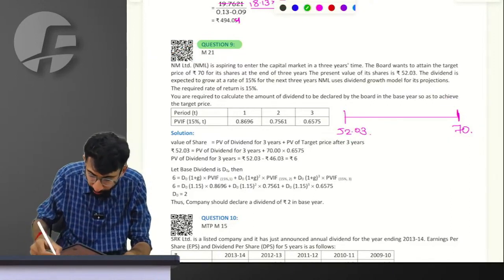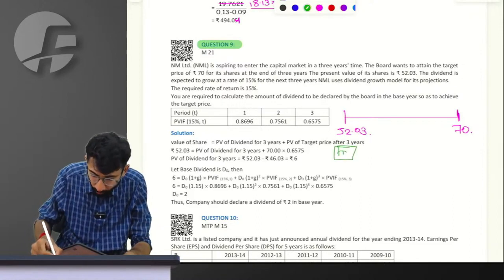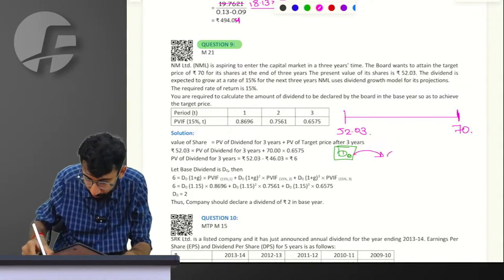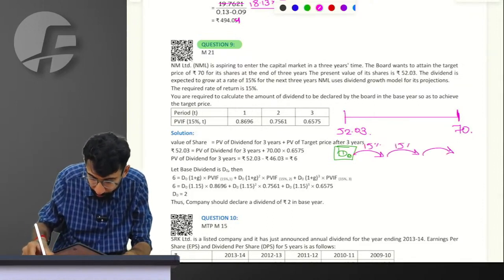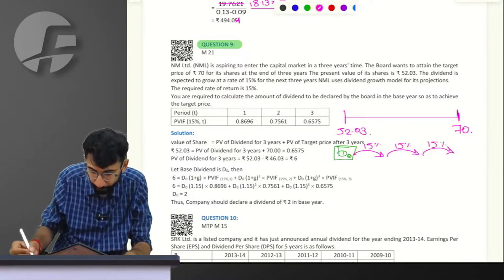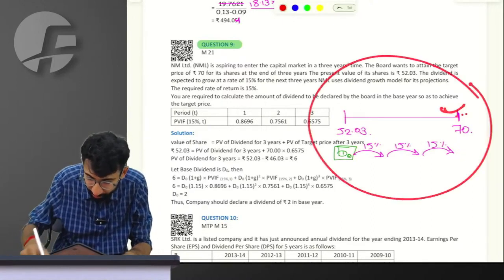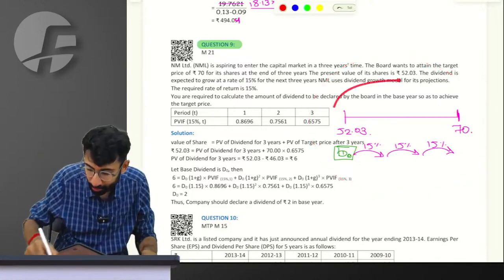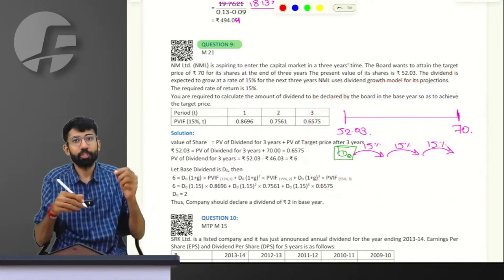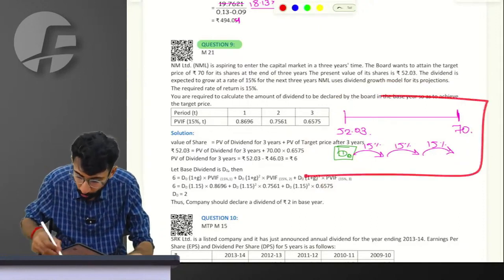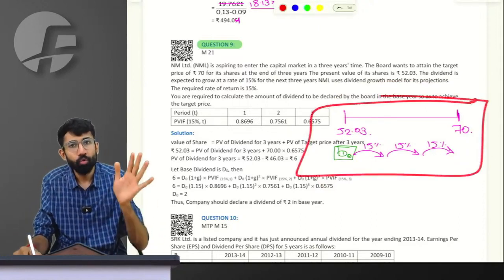How much should be the dividend to be distributed at this point? How much should D0 be such that if that D0 grows by 15%, this particular target price is achieved? The question has given this information, which means I have decoded the language of the question into this timeline. How to solve it now?